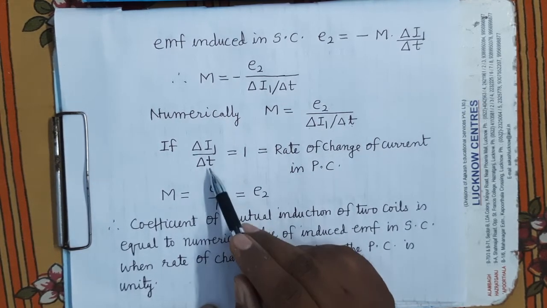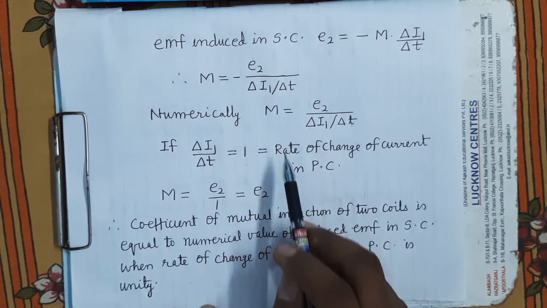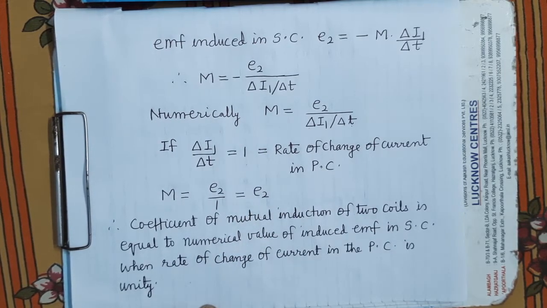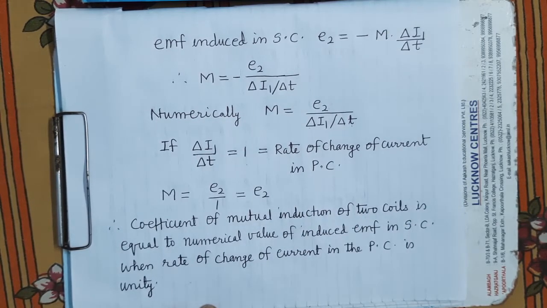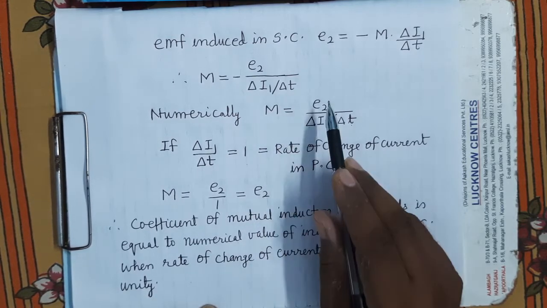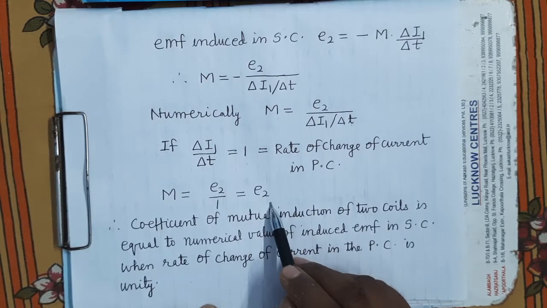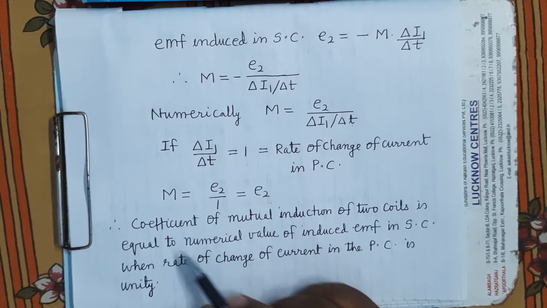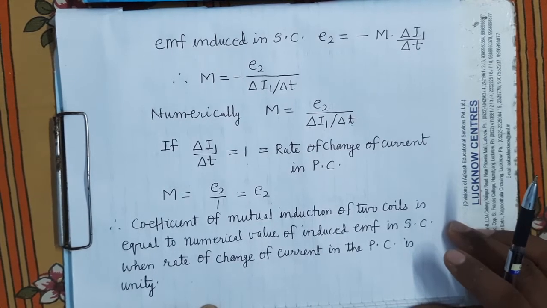Now, if delta I1 upon delta T equals 1, that is, the rate of change of current through the primary coil is unity, equal to 1 ampere per second, then what will be M? M equals E2 upon 1, that is equal to E2. So, how can you describe the coefficient of mutual induction of a pair of coils?